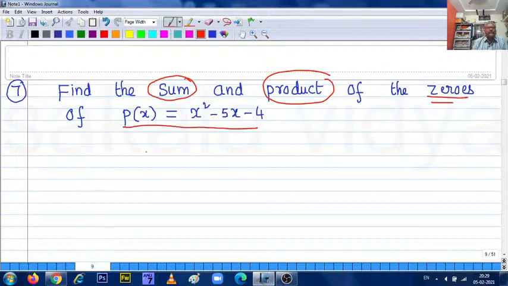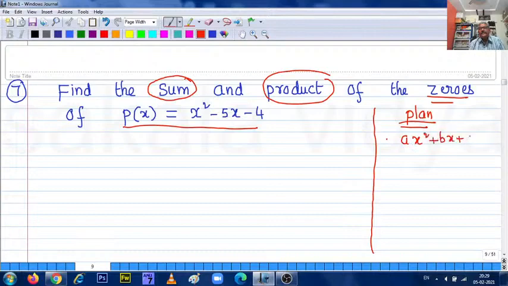Okay, first, how to find it, I will explain here. Let us make a plan like this. First, compare this polynomial with ax square plus bx plus c. Write the a value: a means coefficient of x square, that is 1. Write the b value: b value is minus 5.